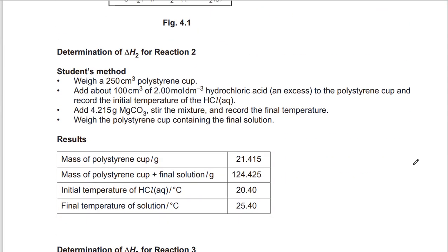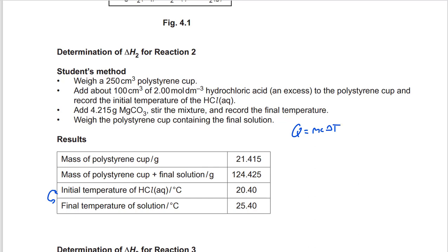So let's go up then. How are we going to work out delta H for reaction 2? Well, dead giveaway for this is that they've given us a starting temperature and a final temperature. So we're going to be using Q equals mc delta T. We can work out a temperature change here. Now, do we know what the mass is?